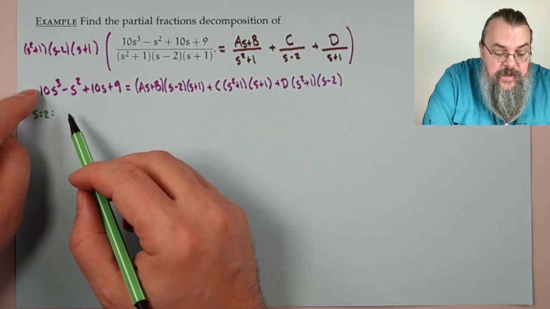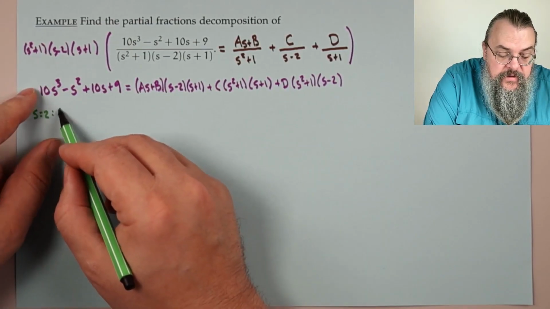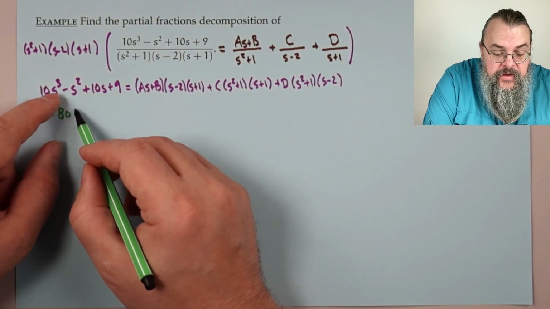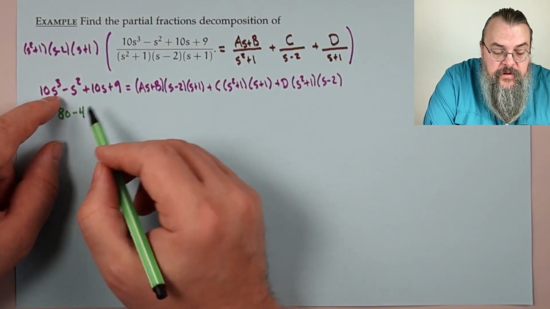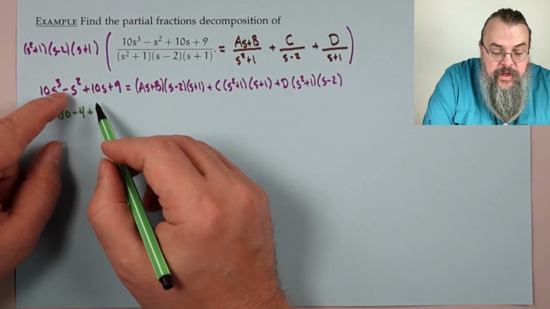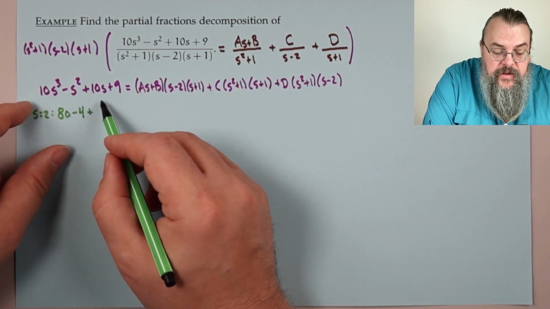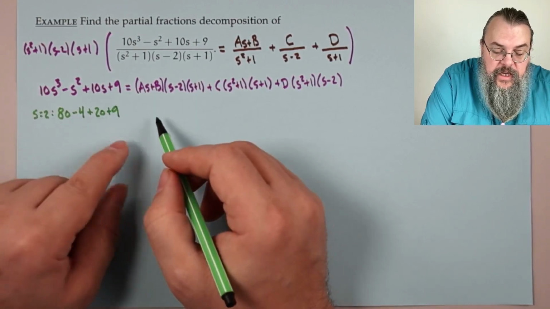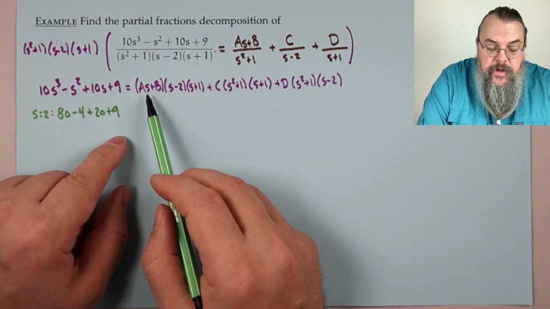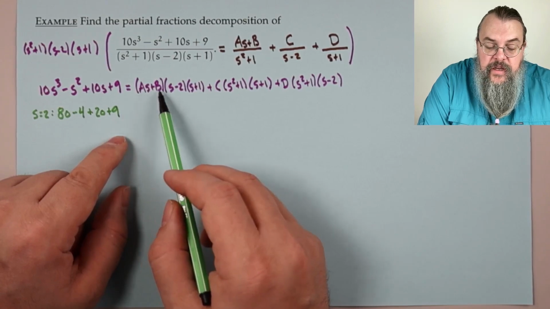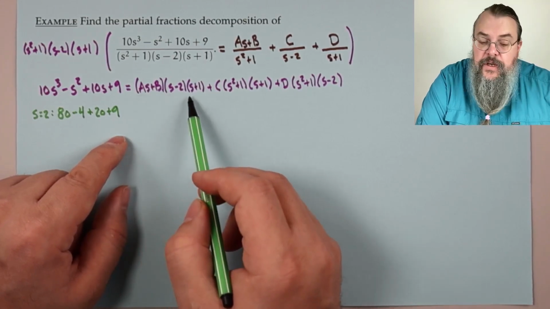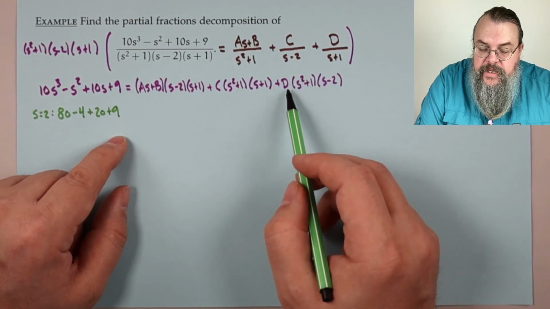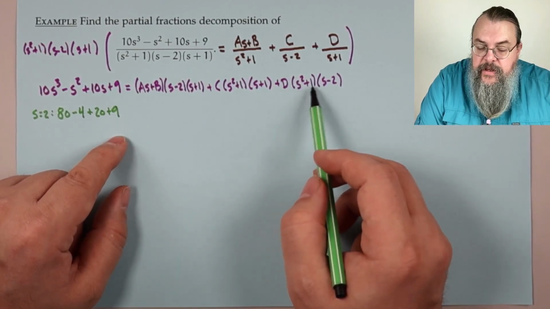So we have 10 times 2 cubed, that's 80. Oh, that's a big number. Minus 2 squared, so that's minus 4, plus 10 times 2, 20, plus 9. Equals (2a plus b) times 0 times 3. Great, 0 goes away. On the last term, we're going to get d times 5 times 0.